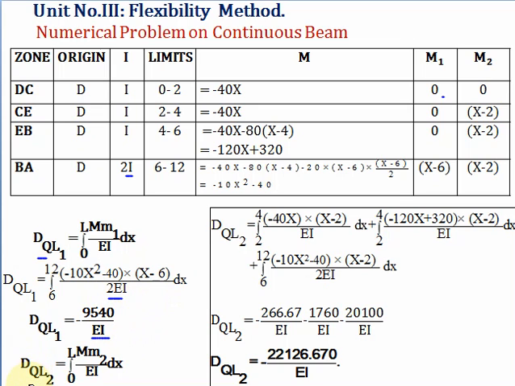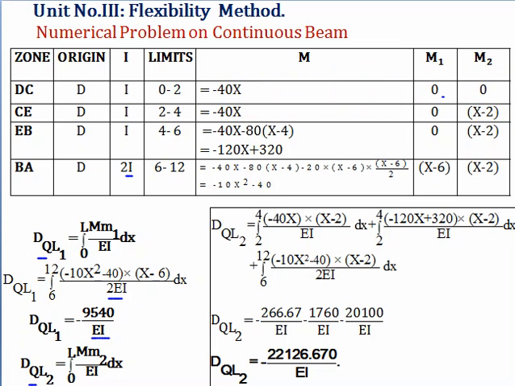Now next we have to find DQL2. As it is 2, you have to take M2. So DQL2 is equal to integration 0 to L of M into M2 upon EI into dx. Whatever values are there in the M column, you have to multiply with the values in the M2 column.